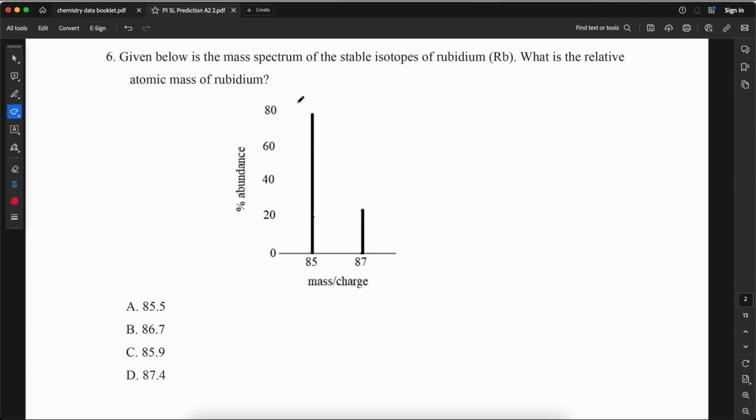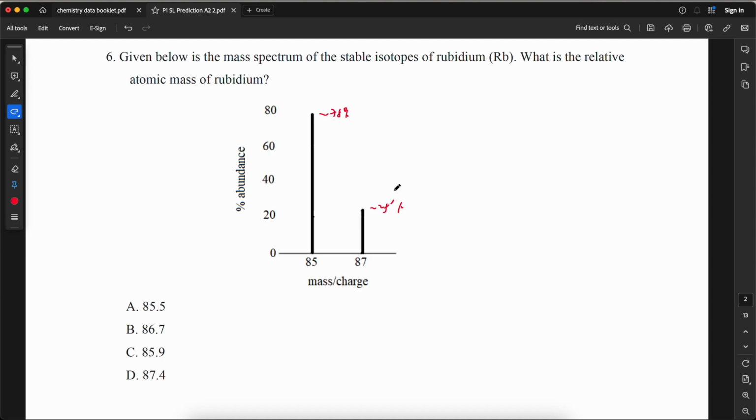Given below is the mass spectrum of the stable isotopes of rubidium. What is the relative atomic mass of rubidium? As you can see here, 85 is around maybe 75%, and 87 is around maybe 25%.